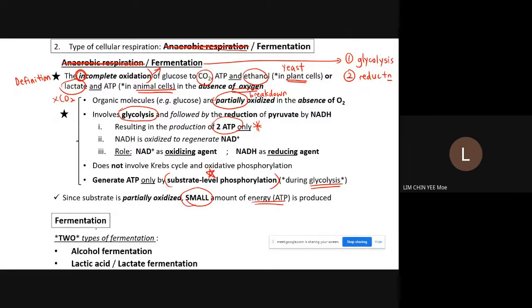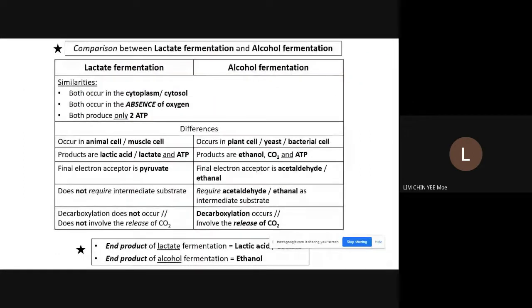Fermentation, there are two types. Alcohol dengan lactic acid or lactate. Ini nama product form. Okay? Nama fermentation ini dia ikut nama produk dia. What does that mean? If you look at page 11, nota muka surat 11, slide ketiga, ada jadual ini.